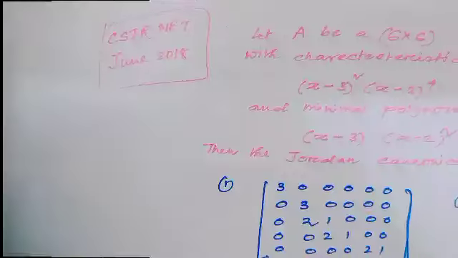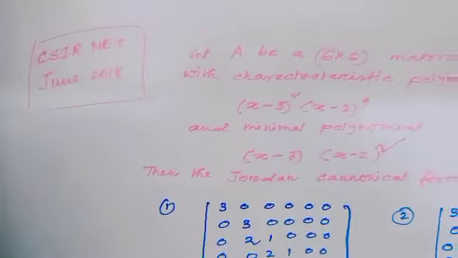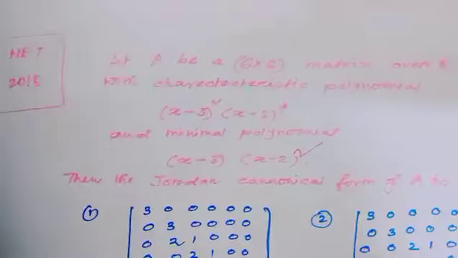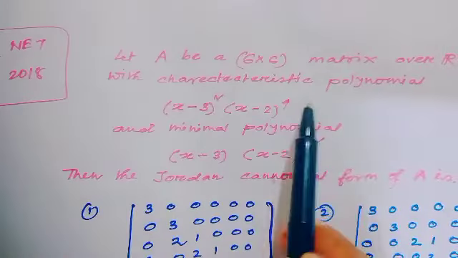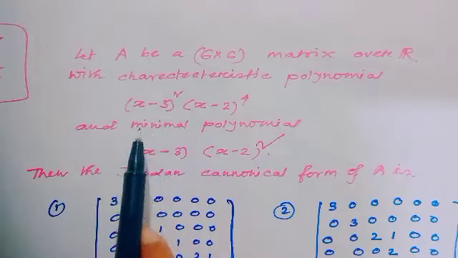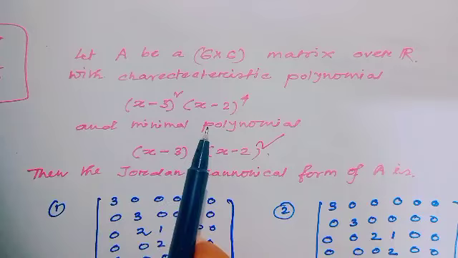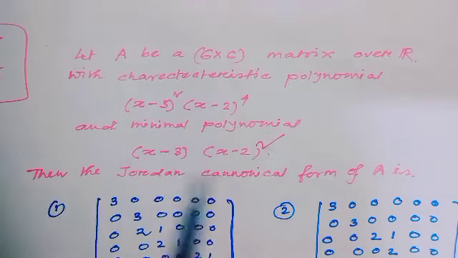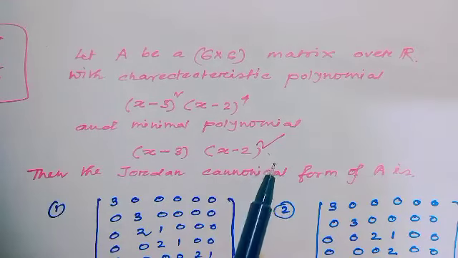See one question which had come in CSIR NET June 2018 exam. The question is, let A be a 6 cross 6 matrix over the field R with characteristic polynomial x minus 3 whole square times x minus 2 to the power 4, and the minimal polynomial is x minus 3 times x minus 2 whole square.